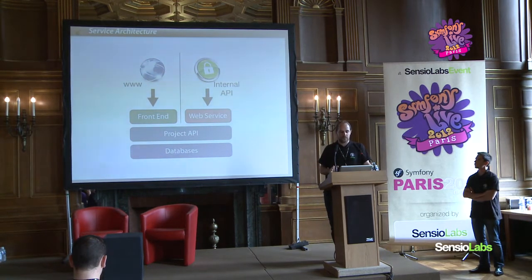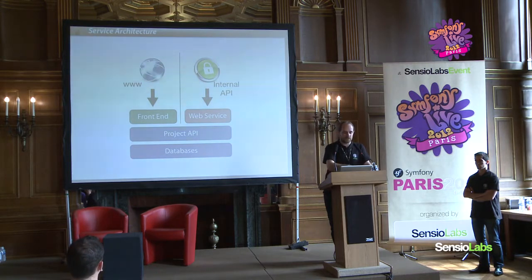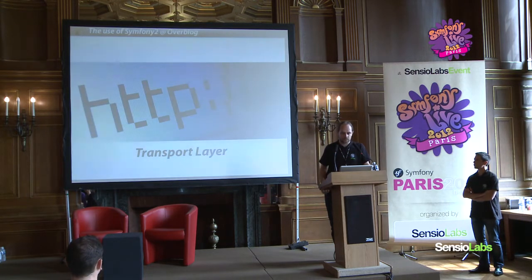Regardless of the interface or the information going through, it goes through an API. No database access, of course not. This is forbidden. Whether internal or external, the application methods are the same.